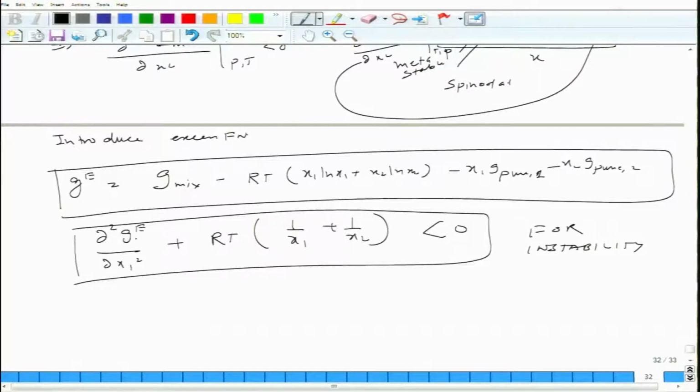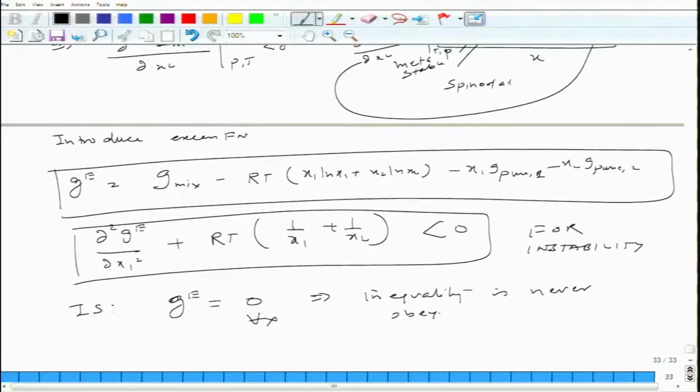Okay. So for an ideal solution, what is the GE? It is going to be 0, right? Because that is with respect to the ideal solution. So GE is 0 for all x values, which essentially says that if this is 0, the inequality is never obeyed for an ideal solution.